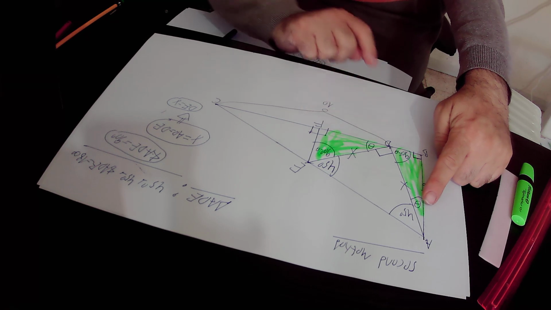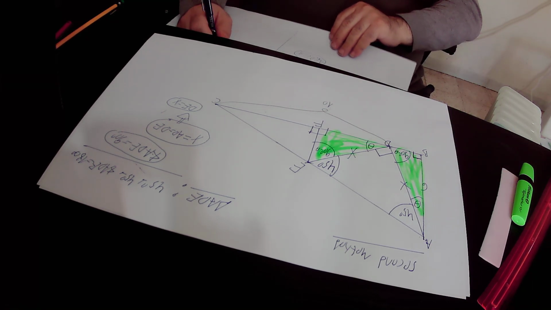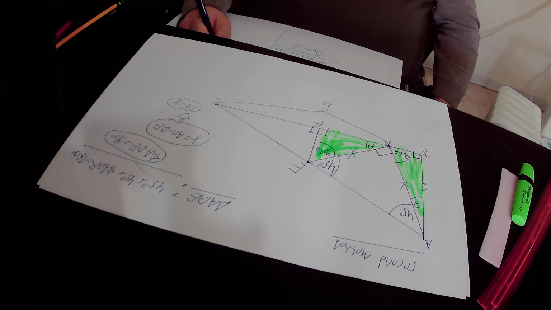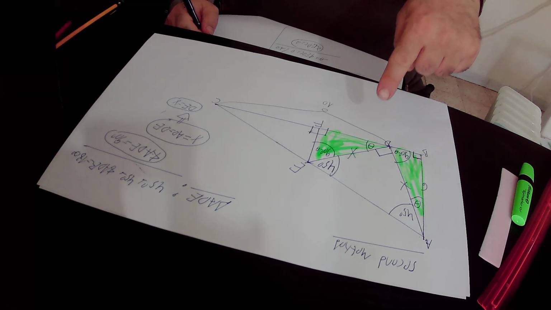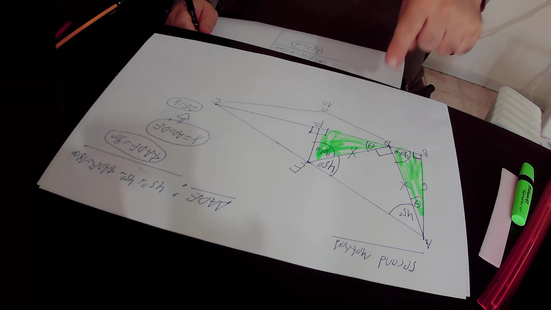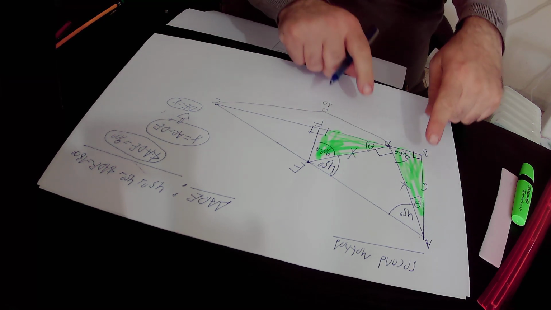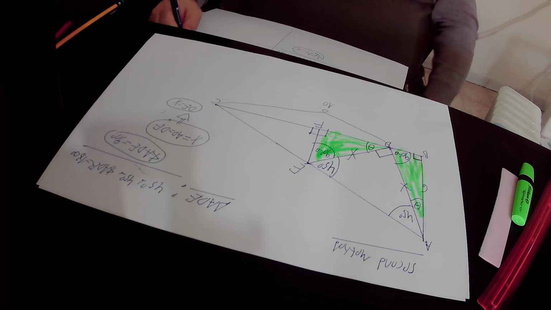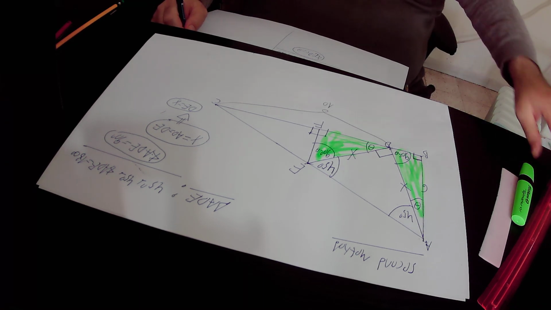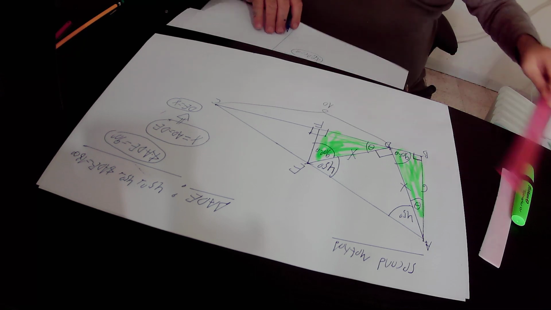So you can write down that angle BAD in triangle ABD is equal to angle EDF in triangle DEF, and both angles are equal to theta. I'll repeat again.